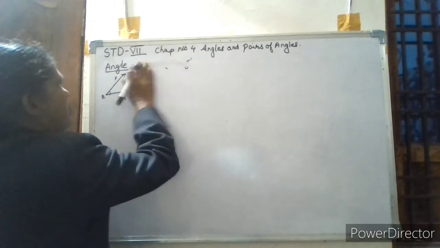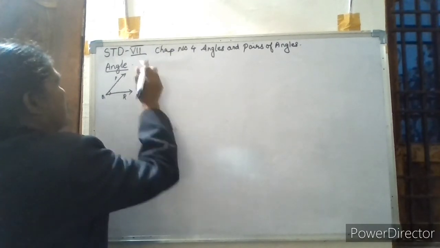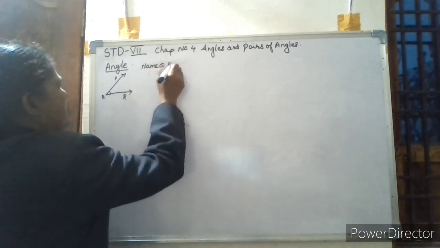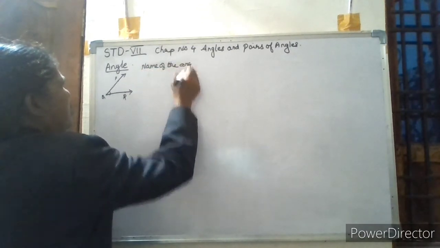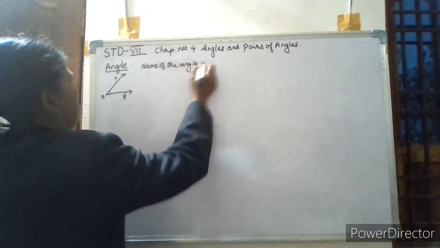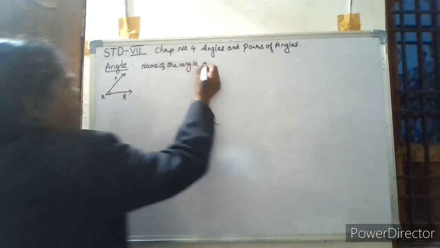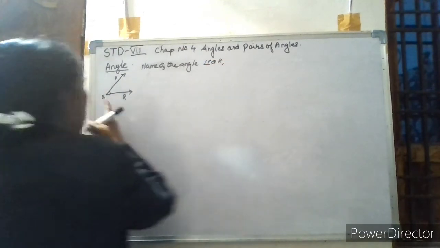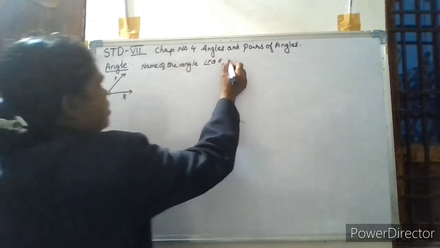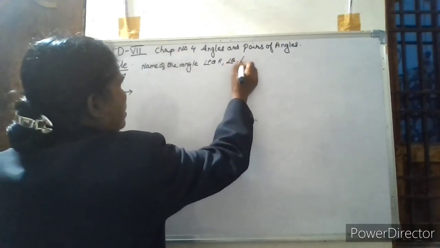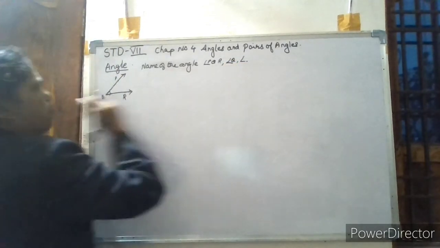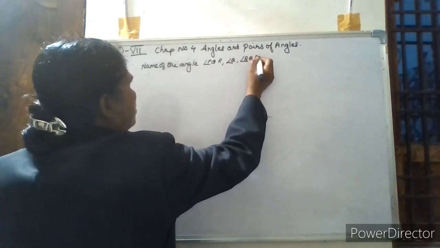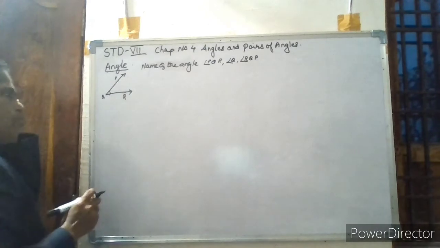First, the name of the angle. It is, say, angle PQR, or we can name it by only the vertex, that is angle Q, or we can name it in the opposite way, RQP. So in three ways we can name the angle.